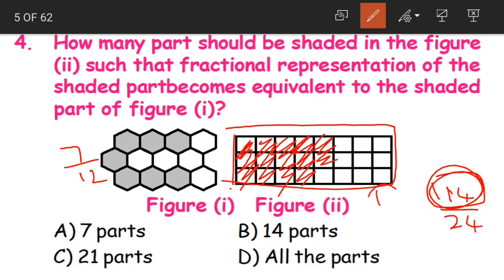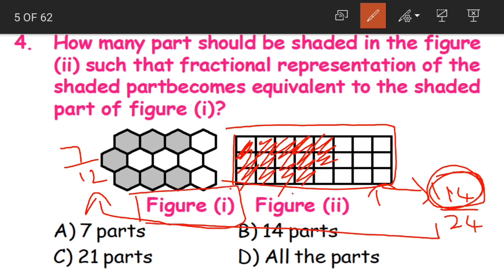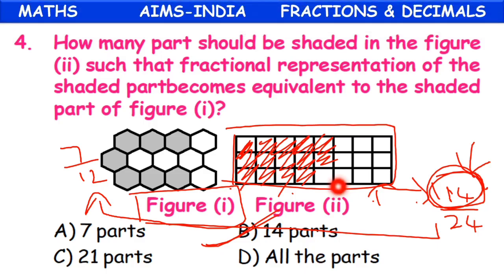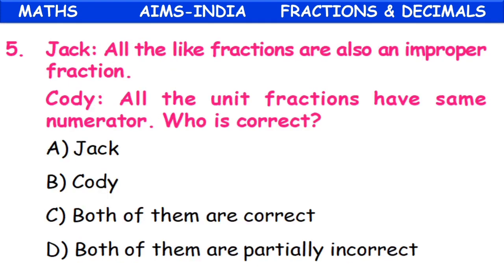Now we have shaded 14 out of 24 parts for figure 2, and it is equivalent to the fraction 7 by 12 that is representing our figure 1. So how many parts did we shade, children? We shaded 14 parts. So option B, 14 becomes our correct answer. Is this clear? We simply found the equivalent fraction, 7 into 2 by 12 into 2. Next question 5.